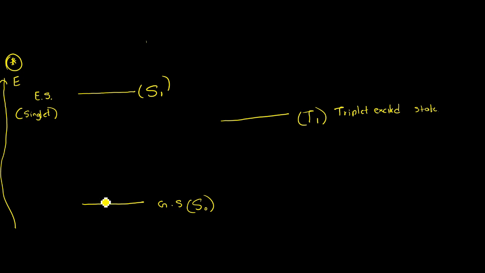What happens is ground state to singlet excited state. This is allowed, right? After molecules have excited into this singlet excited state, they can undergo a process called intersystem crossing.